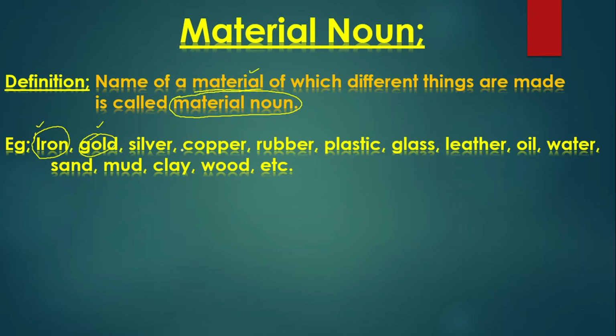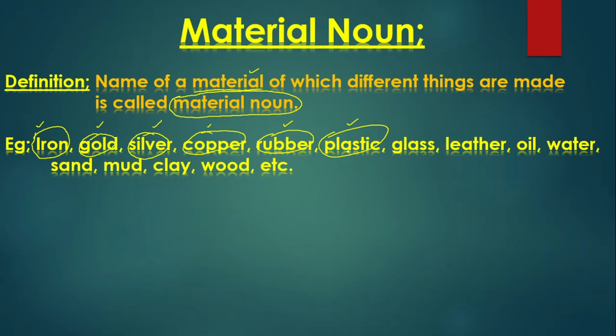It's called material noun. Silver, by which we make different things, and with the help of copper, which is used for electricity wires, that is known as the material by which you make different things. With the help of rubber, we make different things, like tires and other things you could see in your environment. With the help of plastic, you could see a lot of things, like most of the toys for the kids.